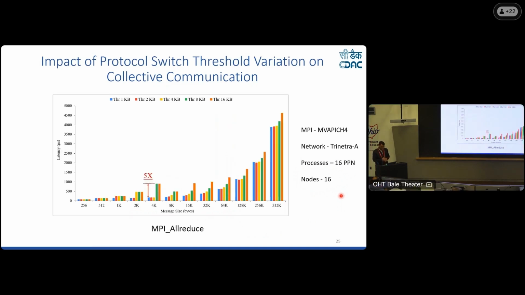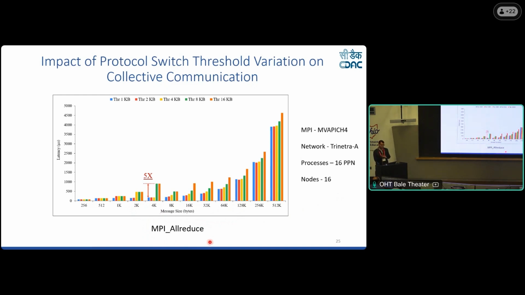The same variation we have tried with MPI all reduce also. Here you will see the smaller thresholds are performing better than the higher thresholds for all message lengths. The reason for that is what we have observed in the software stack. From 8K onwards, the MVAPICH algorithms for MPI all reduce start dividing large messages into smaller ones.